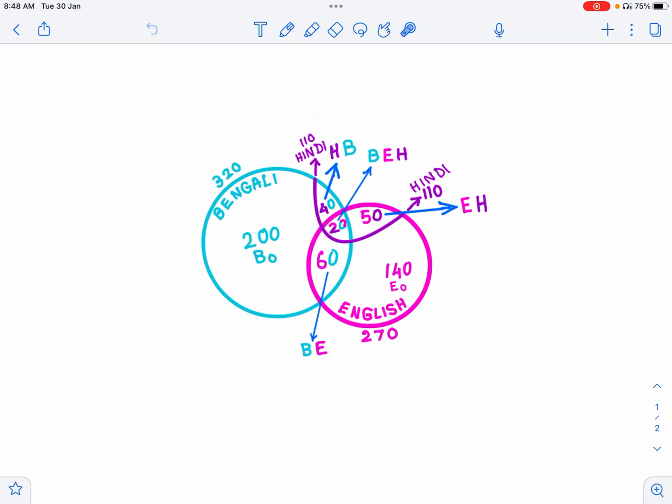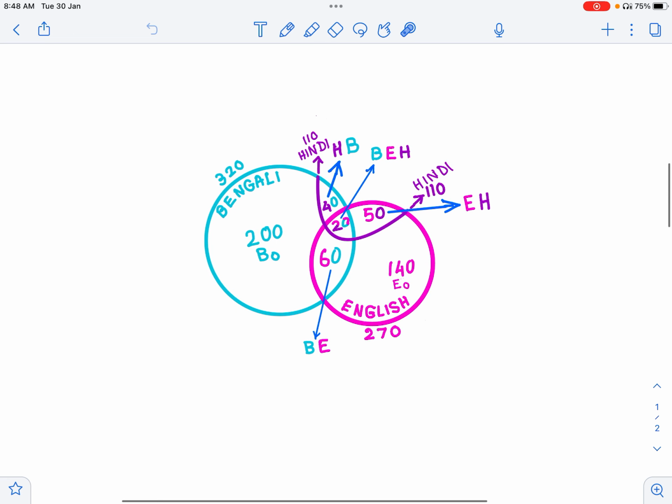Here, if you look at this diagram, then you can see easily, and we can clearly put it.